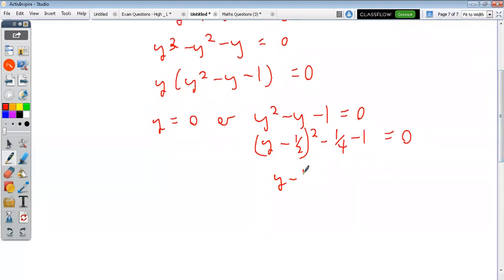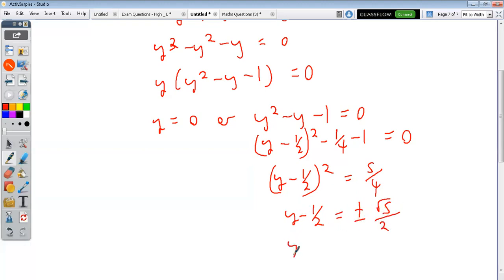Therefore, y minus half squared is equal to 1 and a quarter, so that's 5 over 4. Square root both sides. y minus half is equal to plus or minus root 5 over 2. Move that to the other side, y is equal to half plus or minus root 5 over 2.